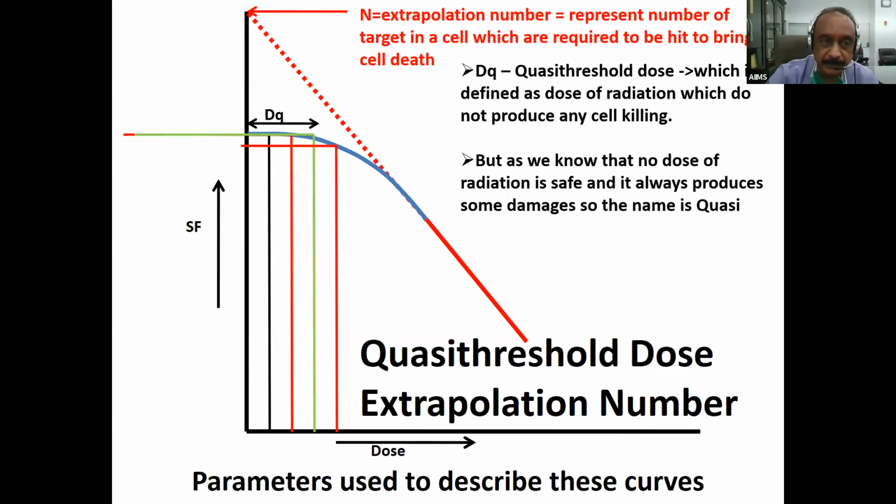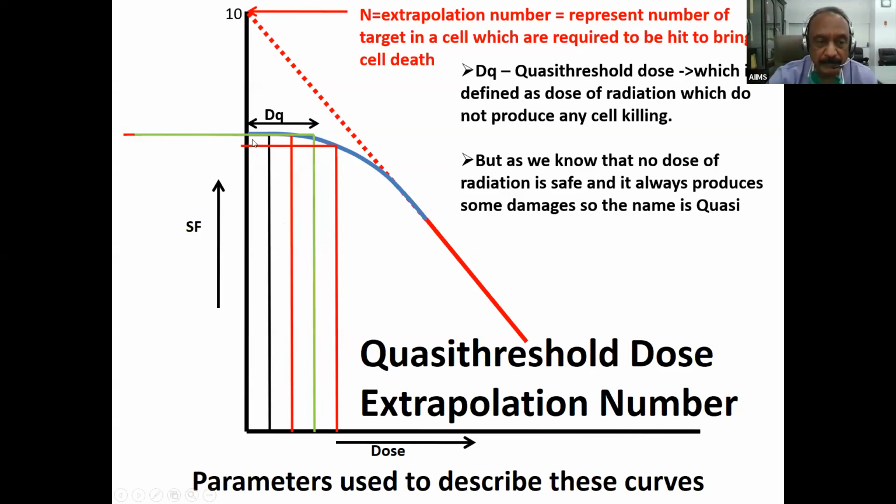So this will give you the number of targets in that particular cell line for which you have generated the cell survival curve. Suppose in this example, the value is 10, which means that there are 10 targets in this cell line in order to bring death to the cell.